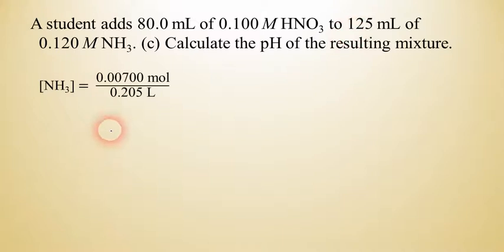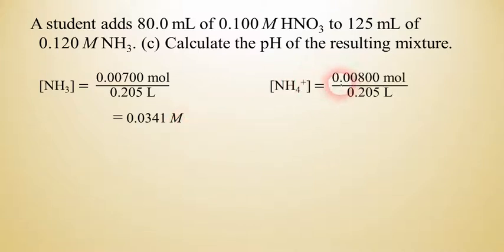So we do that for ammonia, and we get 0.0341 molar, and we take the 0.008 moles of ammonium ion and divide that by the volume, and we also get about 0.0390 molar for that.